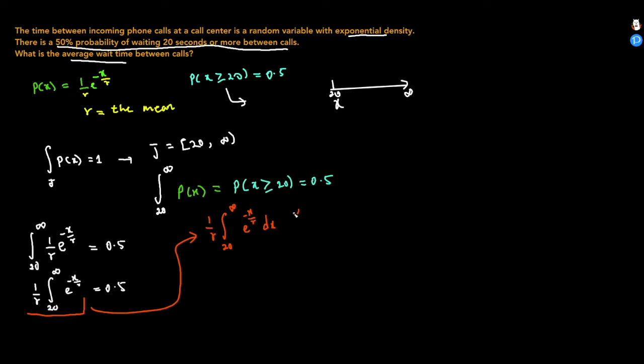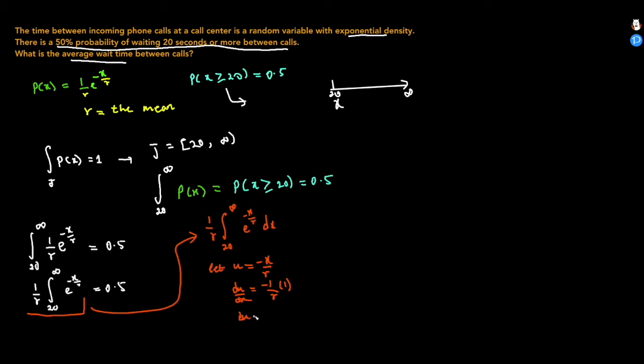So let u equal minus x over r, and remember r is a constant, so du by dx equals minus 1 over r times 1, so minus 1 over r.